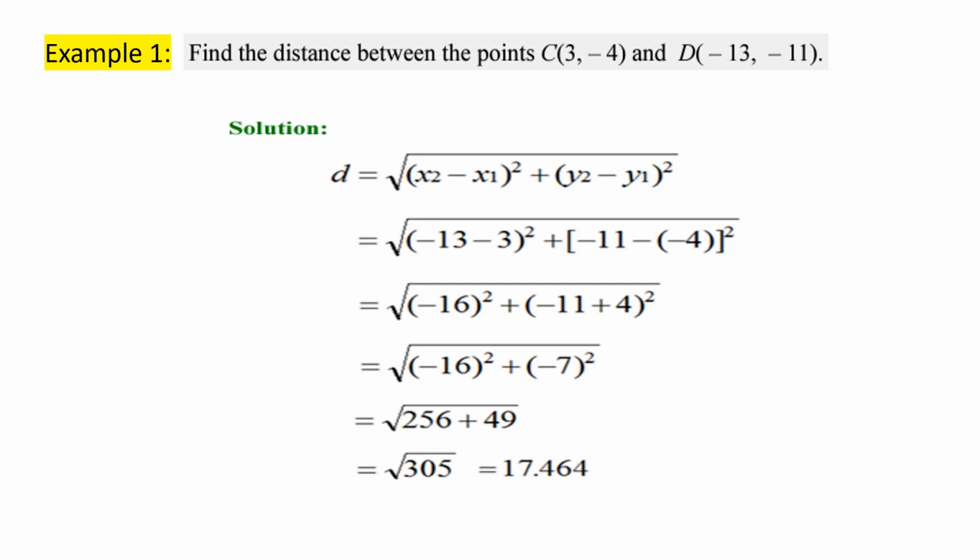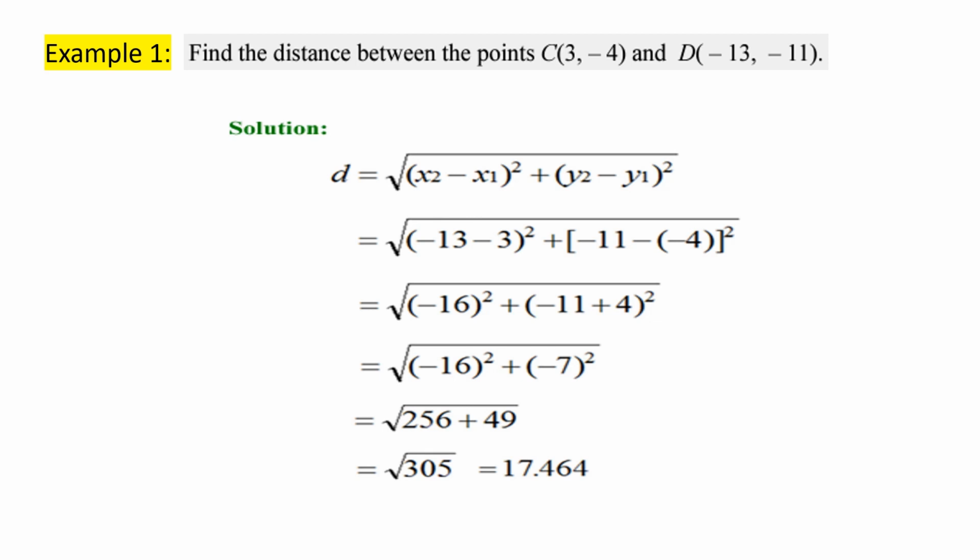We have 2 points in the question. We need to find the distance between the points 3, negative 4 and negative 13, negative 11. So we know the rule d equal to square root of (x2 minus x1) square plus (y2 minus y1) square.